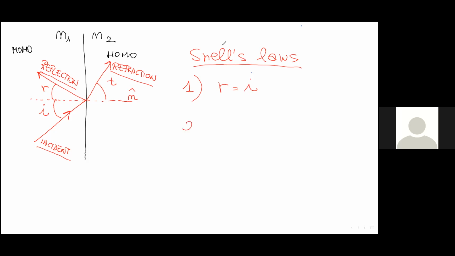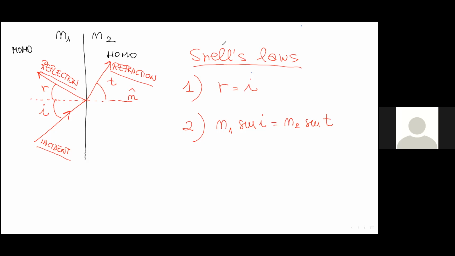The second Snell law concerns refraction and tells us that if you calculate the product n1 times the sine of the incidence angle, this must be equal to n2 times the sine of the transmitted angle. So there is a relation between the incidence and the transmitted angles, and it's given by this law.